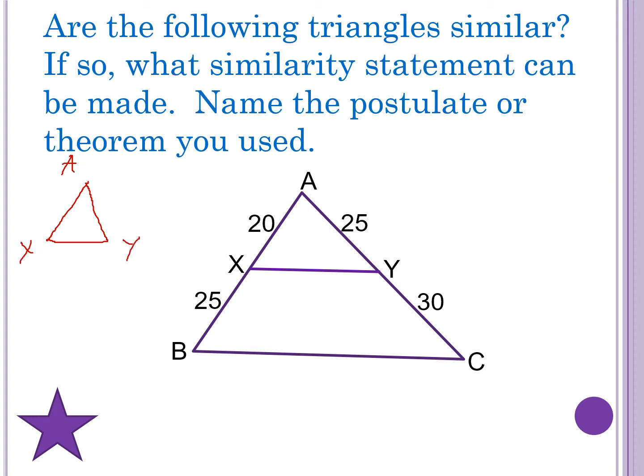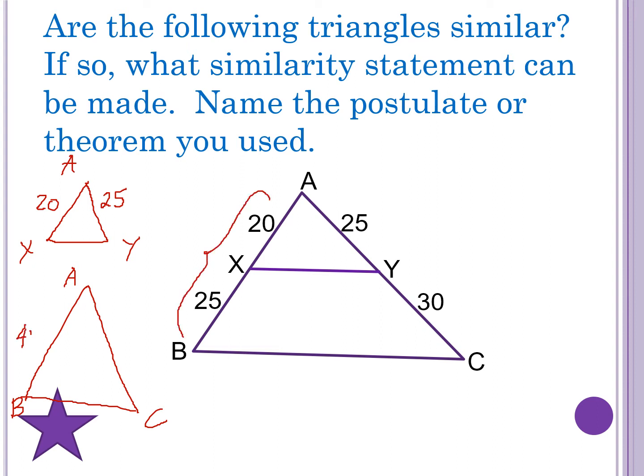AX measures 20, AY measures 25. And then for the larger triangle, we have triangle ABC. AB measures 20 plus 25, so that is 45. AC measures 25 plus 30, 55.